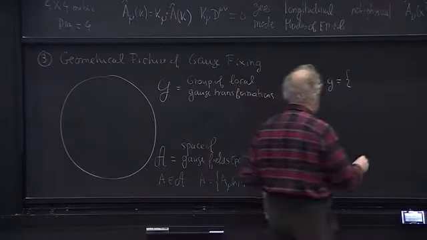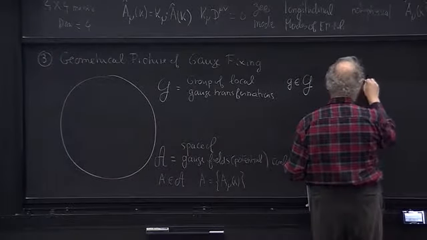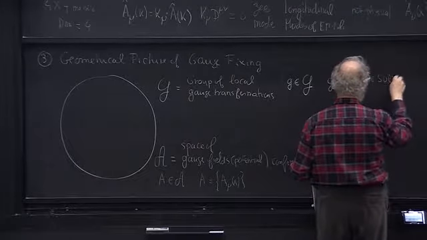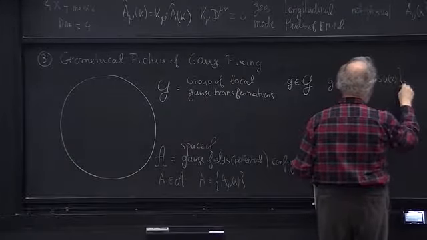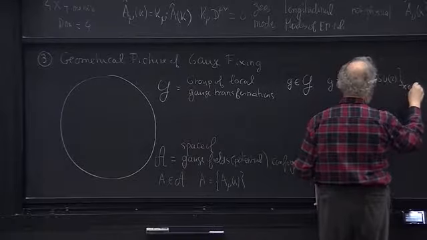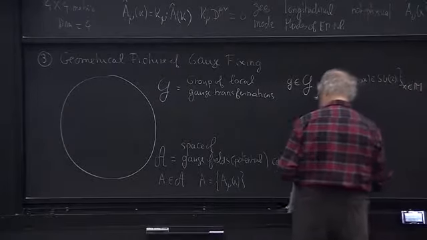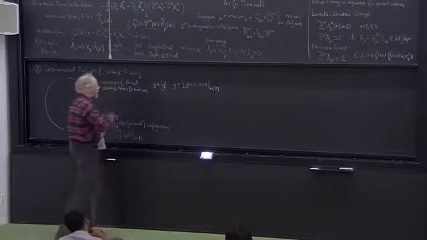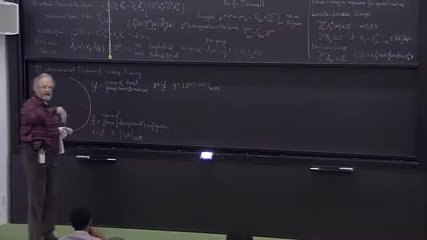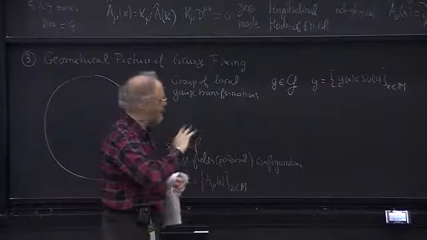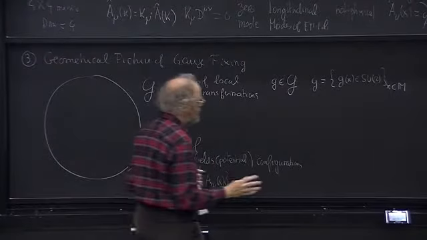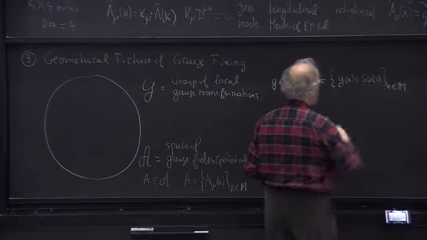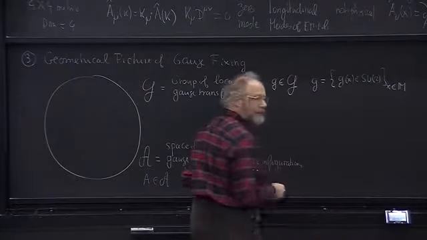So it's the data of g(x) belonging to SU(2), or my gauge group, for all x belonging to Minkowski space. And here that's the same. So it's a function from Minkowski space into SU(2). So it's the space of all functions, with some regularity condition, from Minkowski space to SU(2). Okay?